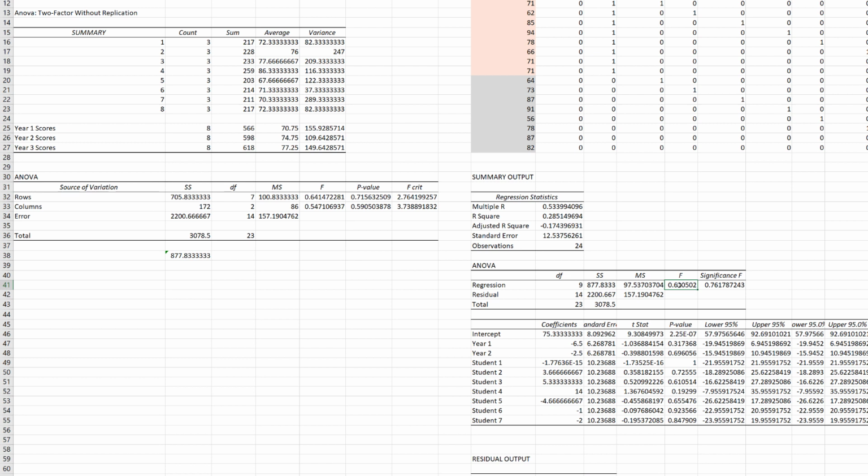Well, the regression side is actually a weighted average of our mean squares. Let's see how that works.